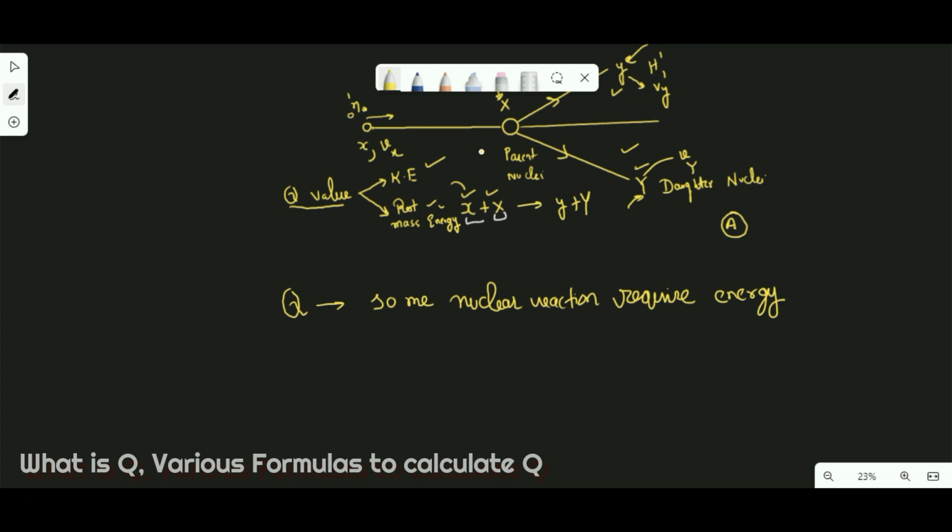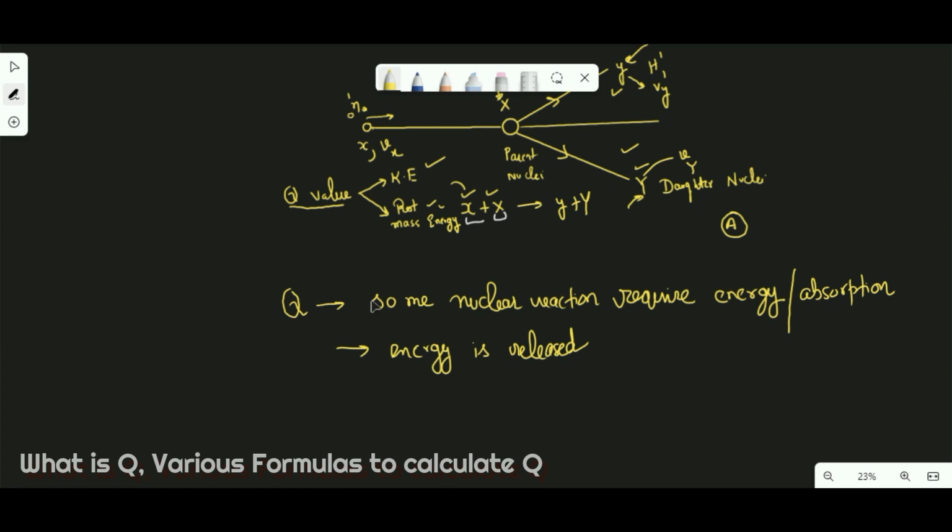For the nuclear reaction to happen, they absorb energy. So this is the second situation of absorption of energy, okay? But in some nuclear reactions, the energy is released, okay? So you must understand that when I say Q, you can have two situations, absorption or the release.